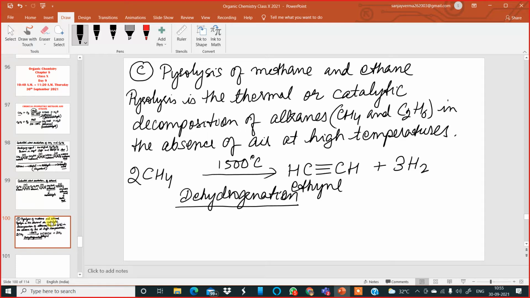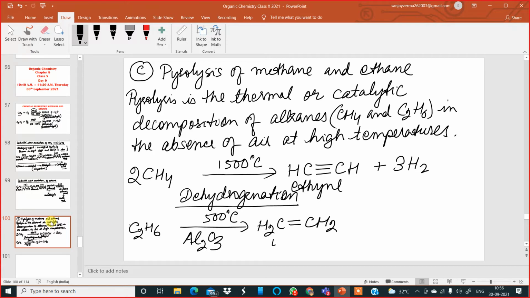Again, similarly, if I use ethane, the formula of ethane is C2H6. If I subject it to high temperature, 500 degrees Celsius, in the presence of a catalyst like aluminum oxide, Al2O3, alumina, then this ethane is going to convert into ethene plus hydrogen.